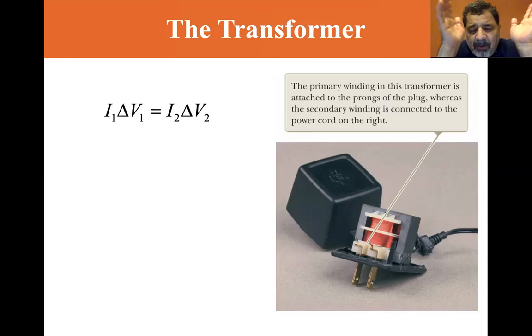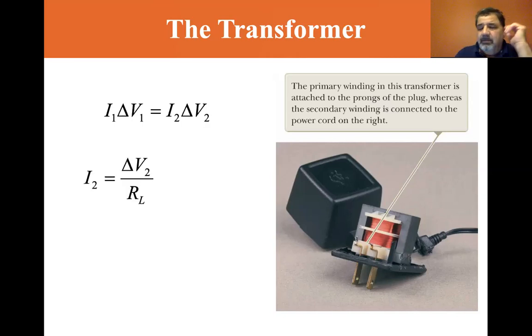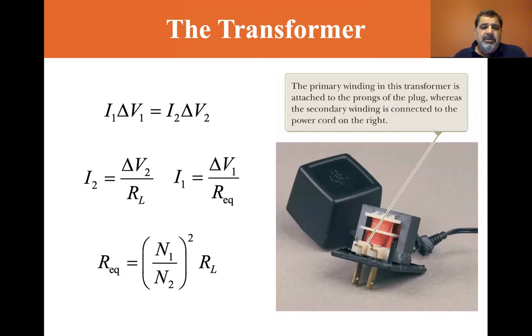So the power is the same. You can't multiply the power. So I2 is equal to delta V2 divided by RL, the load. And I1 is equal to delta V1 divided by the equivalent resistance, where R equivalent is equal to the number of turns N1 divided by N2, squared, times RL.